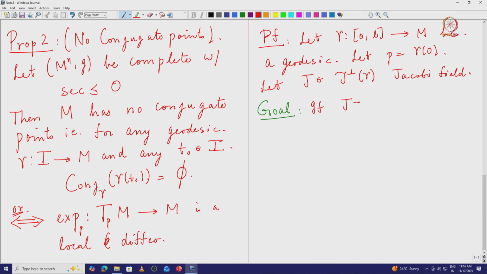So the goal is to show that if J is non-trivial, then J of L cannot be 0, right. So that would mean that Q, or gamma of L, cannot be a conjugate point. So let Q be equal to gamma of L. So this will show that gamma of L cannot be a conjugate point, because by definition for it to be a conjugate point there exists a non-trivial Jacobi field that vanishes at the two endpoints, right. So it is enough to show that any such normal non-trivial Jacobi field can never vanish at gamma of L. Okay, so what is the proof of this?